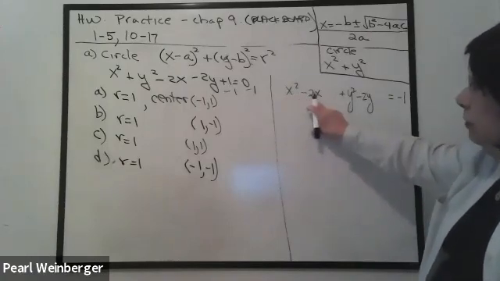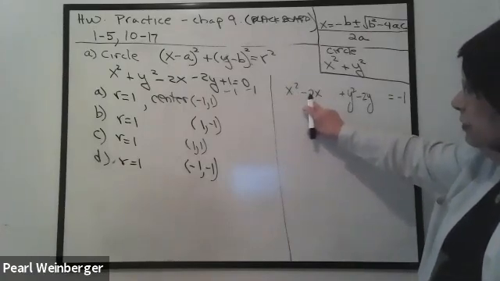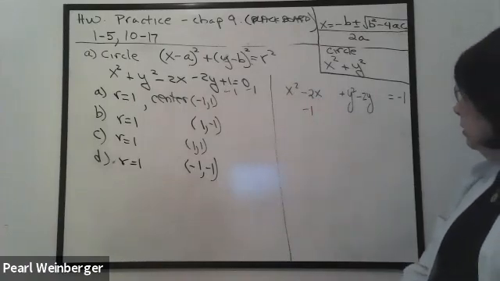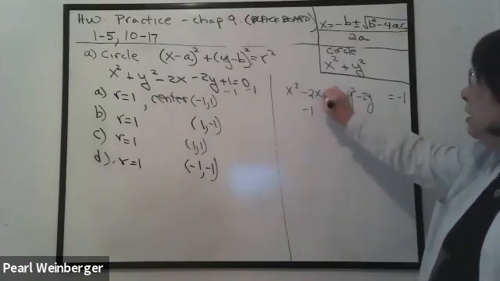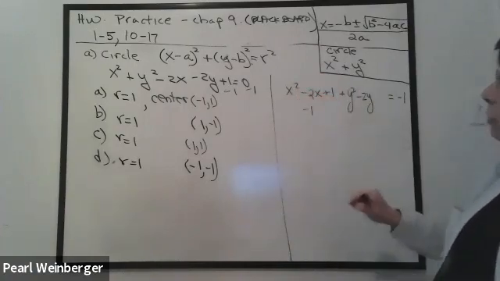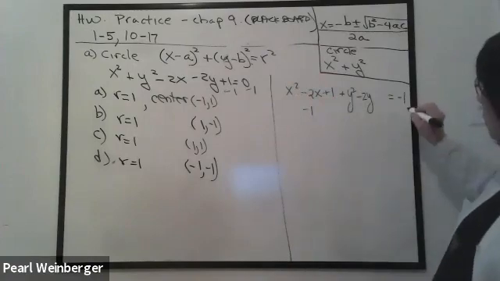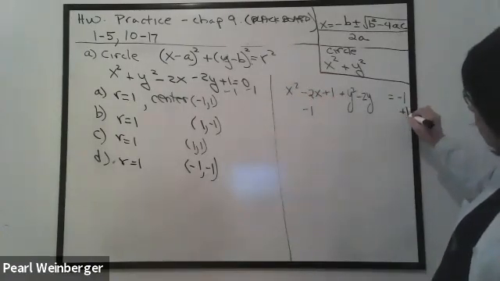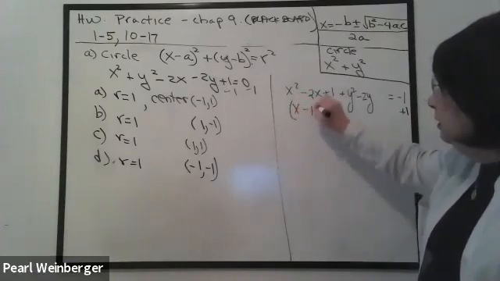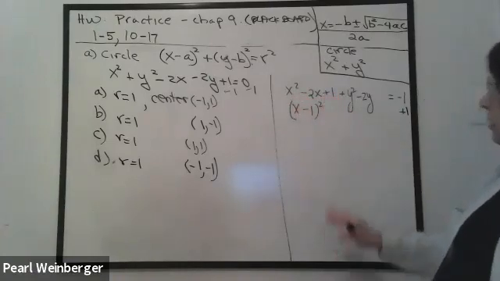So I have x squared minus 2x. Taking half of the -2 gives me -1. And -1 times -1 gives me +1. I have to add 1 to the x squared minus 2x to make that a perfect square. So I'm adding +1 on this side as well. Notice that's going to make this (x minus 1) squared.